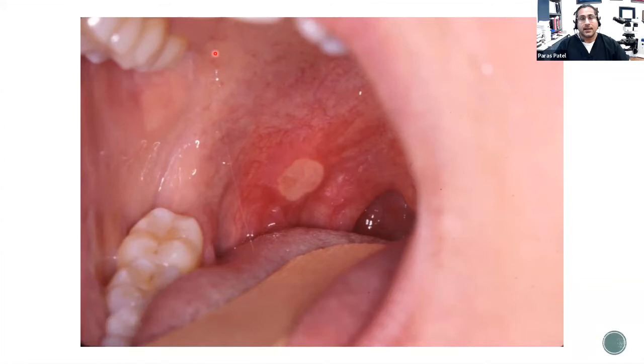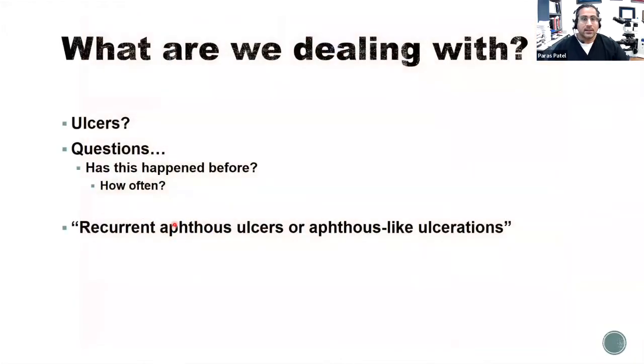Okay, and that again is with recurrent HSV infections. So these are isolated, large, pretty well-defined ulcerations with some erythema, and all located on the movable mucosa. And that's one big way to separate recurrent HSV infections versus aphthous-like ulcers. Okay, so we're dealing with recurrent aphthous ulcerations or aphthous-like ulcerations.